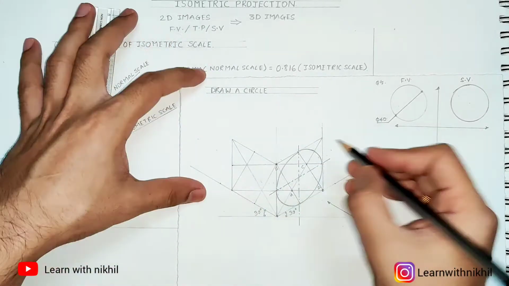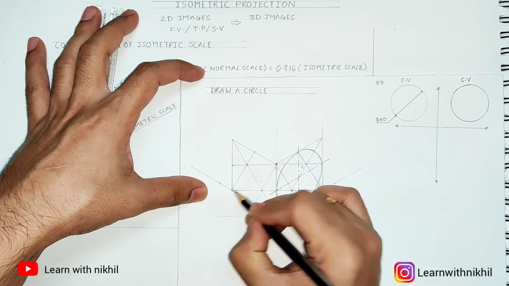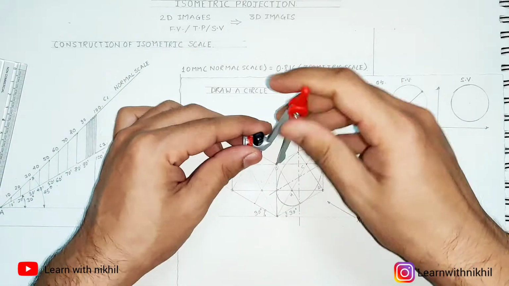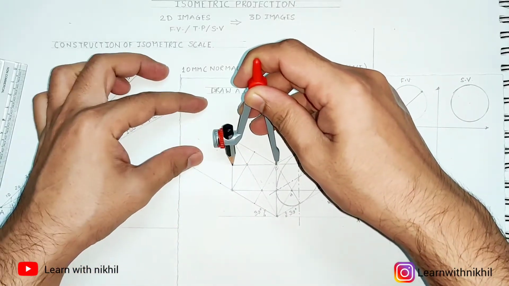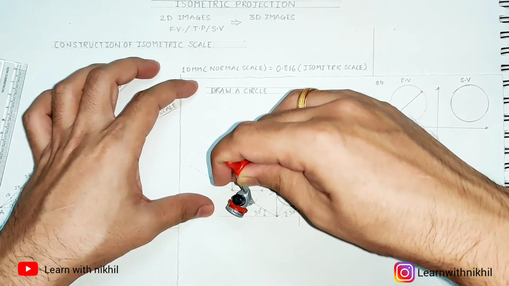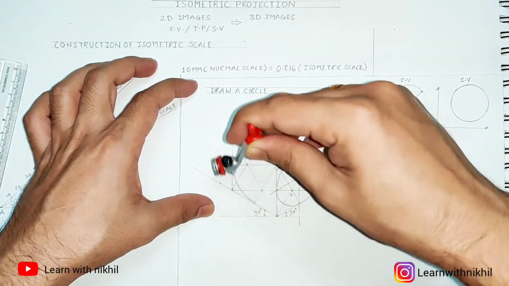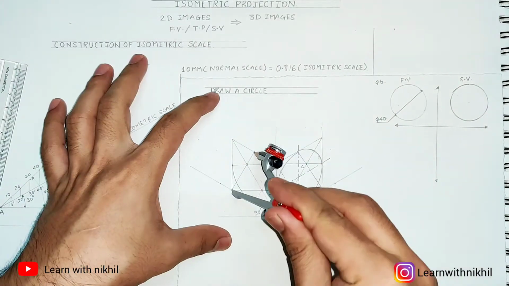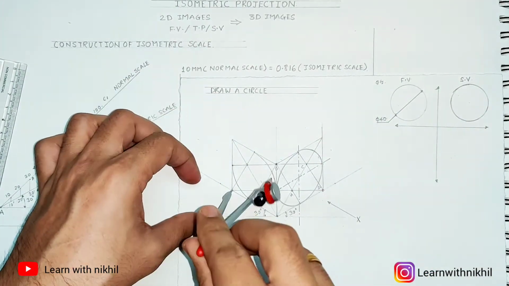After joining this, you get these points, and from these points you will draw the curves which will represent an ellipse. So radius as this line, draw the curve, same measurement, radius as this, draw the curve.